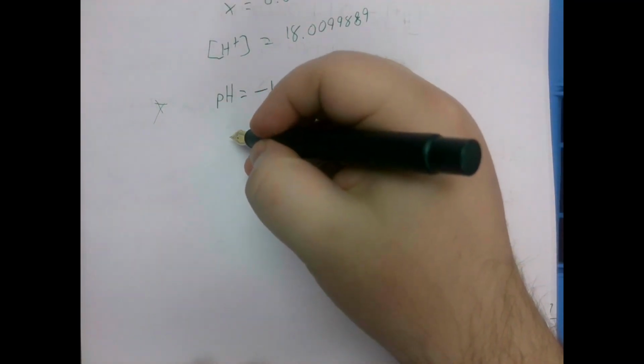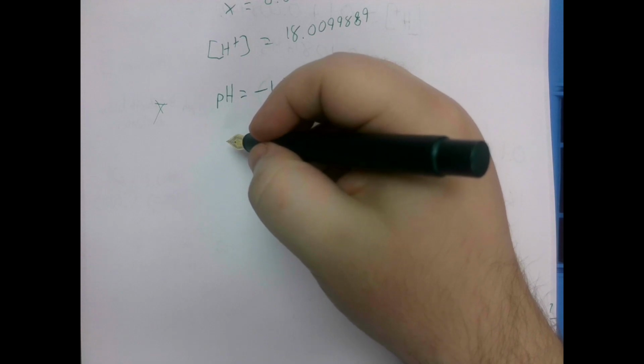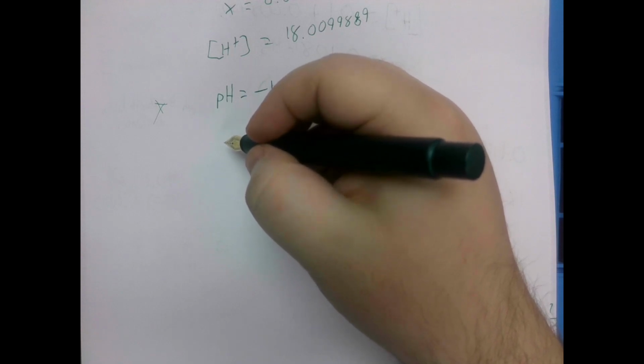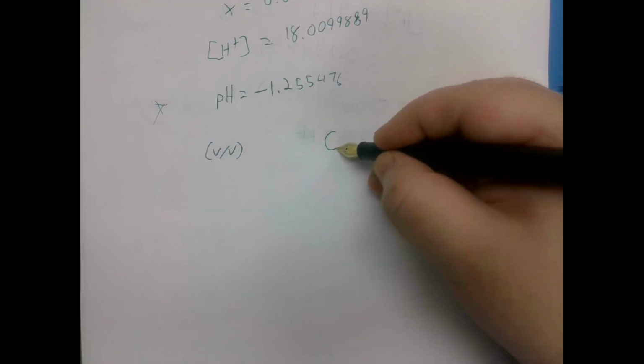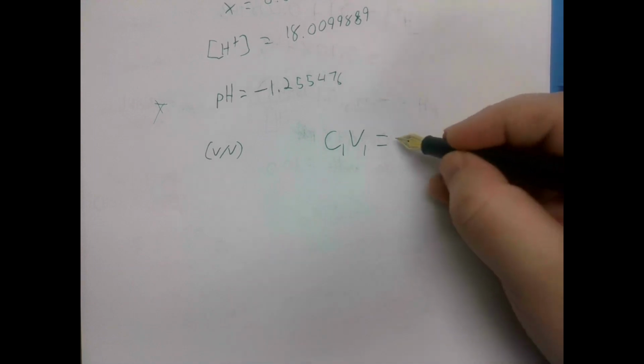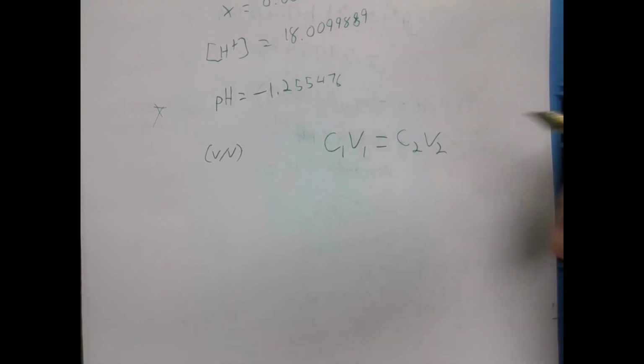So 2 days ago, I started trying to find the concentration of sulfuric acid as a percentage. I wanted to find volume per volume, but I couldn't. I wanted to introduce this formula here. I'm going to go ahead and do that now.